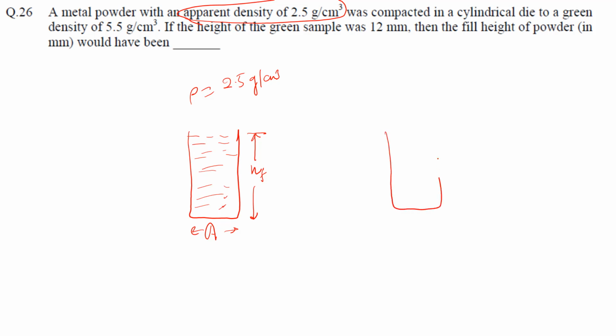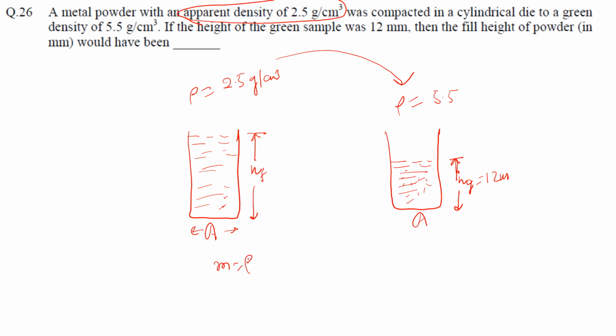Then after this compaction, the area will be the same. The only thing reduced is the height. This is the height in the green compact, given as 12 mm, and the density is given as 5.5. So density increases after this compaction process because the pores get eliminated. In both cases, the only thing constant is the mass, so we will do the mass balance. Mass equals density into volume.